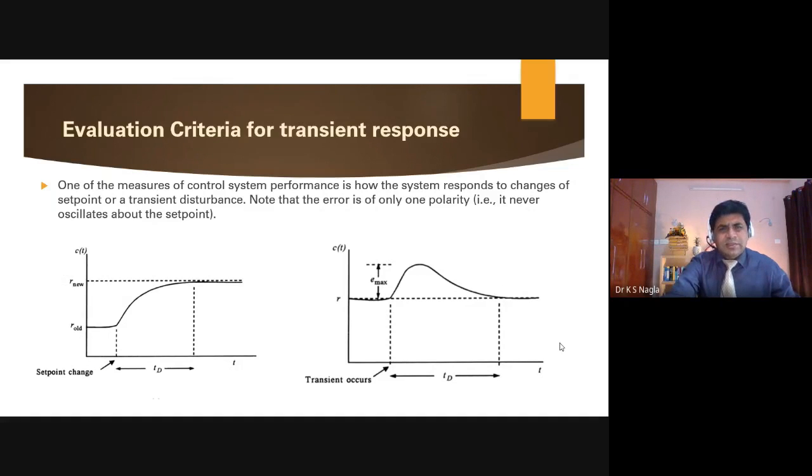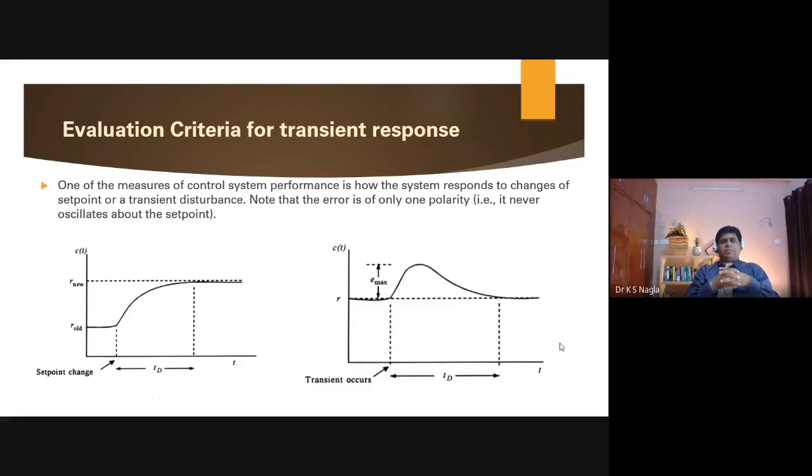Now next is the evaluation criteria for the transient response. How will you evaluate that the system has the desired transient response, and how will you evaluate the steady state response? You have already gone through the basic control engineering subject, so you already know the mathematical relationship of the steady state control of any process.